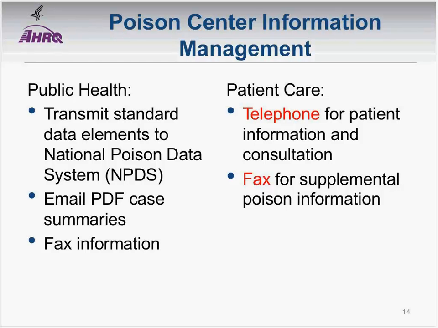All U.S. poison control centers contribute standardized data to the National Poison Data System. That's a database maintained by the National Association of Poison Control Centers. For some other public health purposes, they might email PDF case summaries or they may fax information. But for providing consultation to emergency department care providers, they rely almost entirely on telephone and fax.